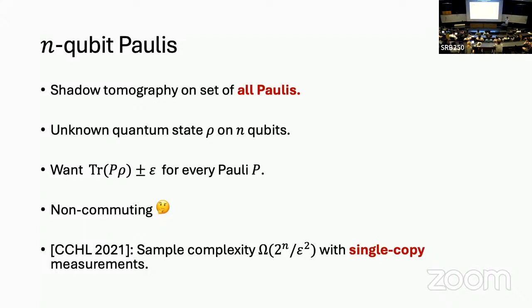So there's no nice basis that I can choose that tells me about many, many Paulis at the same time. In fact, you can formalize this intuition, and in 2021, they showed that if I measure one copy of the state at a time, I need exponentially many samples to perform this task. Even just information theoretically, this was shown.